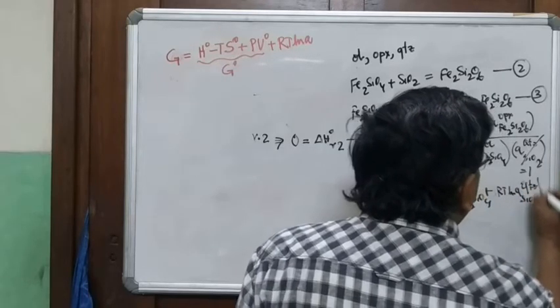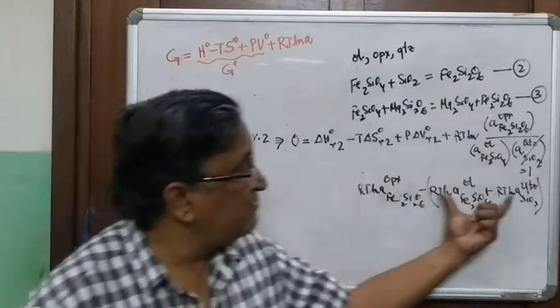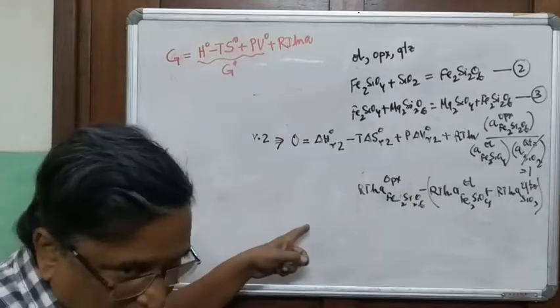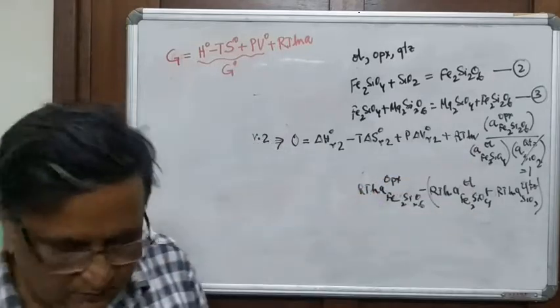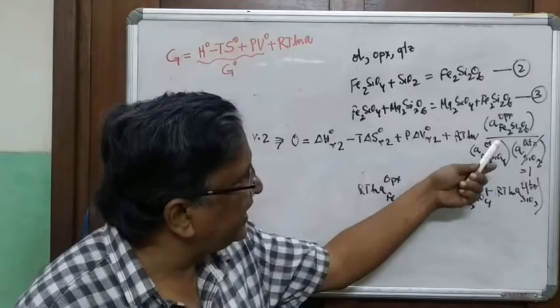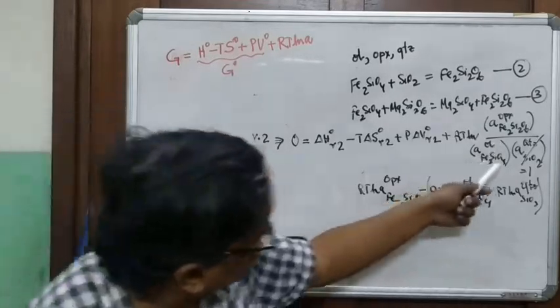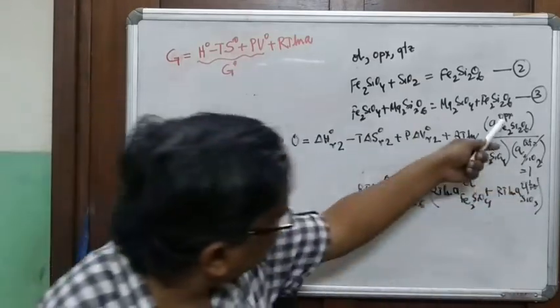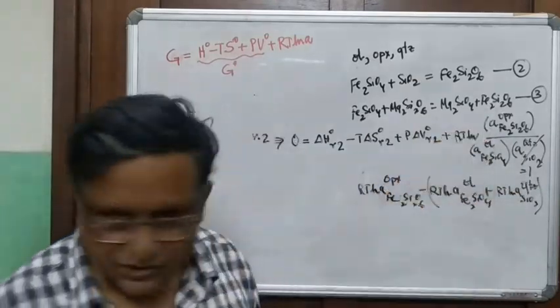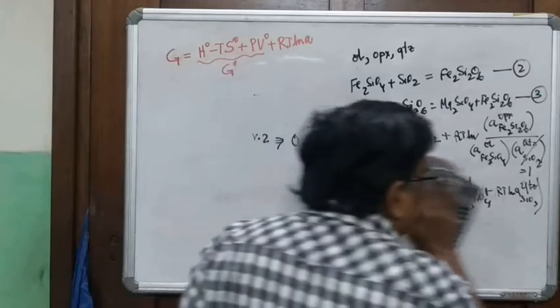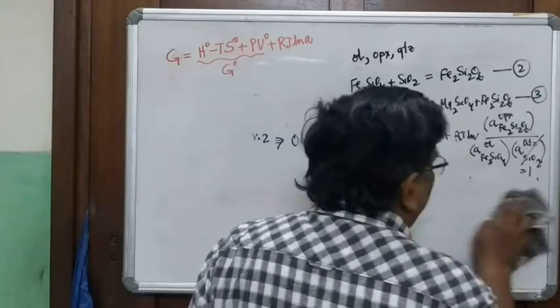This is what I would have written. Product minus reactant. If I take RT out, then I get this expression. And here, since I have quartz, activity of SiO2 is equal to 1, so this is just a ratio of this. Right? So that is for reaction 1.